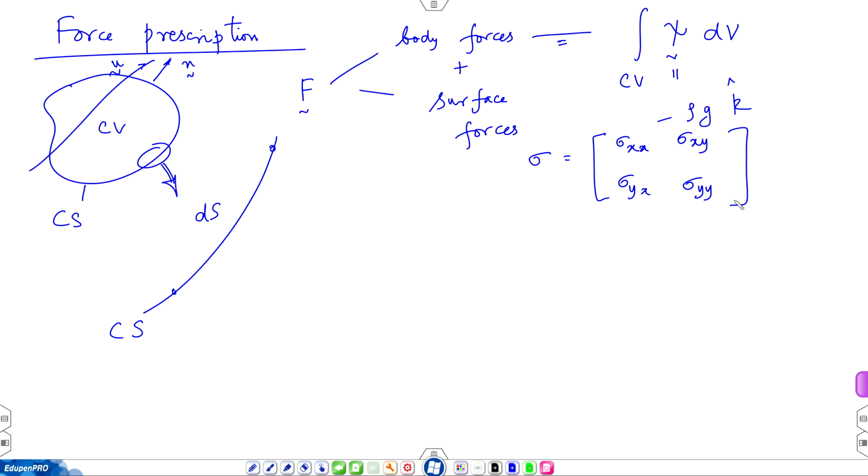So, the graphical representation of sigma. This is a small fluid element on which we show all the stresses acting on the individual faces.